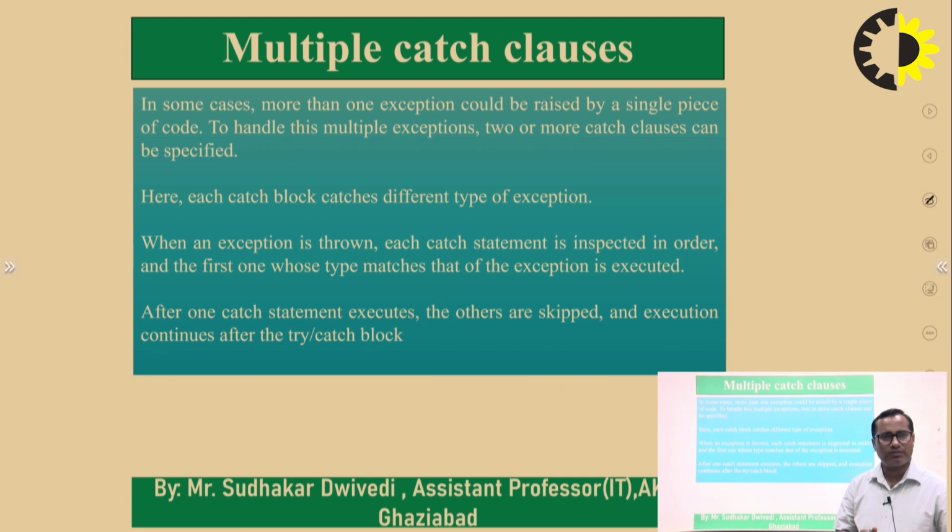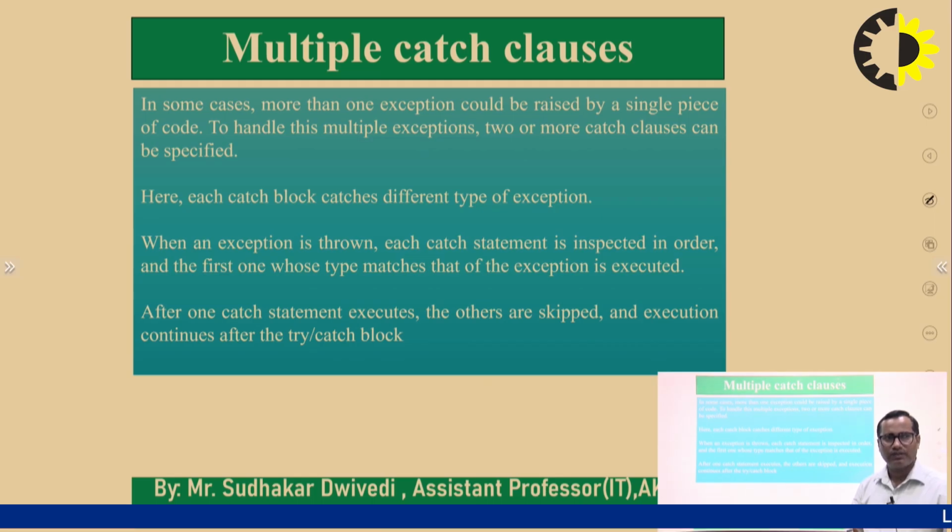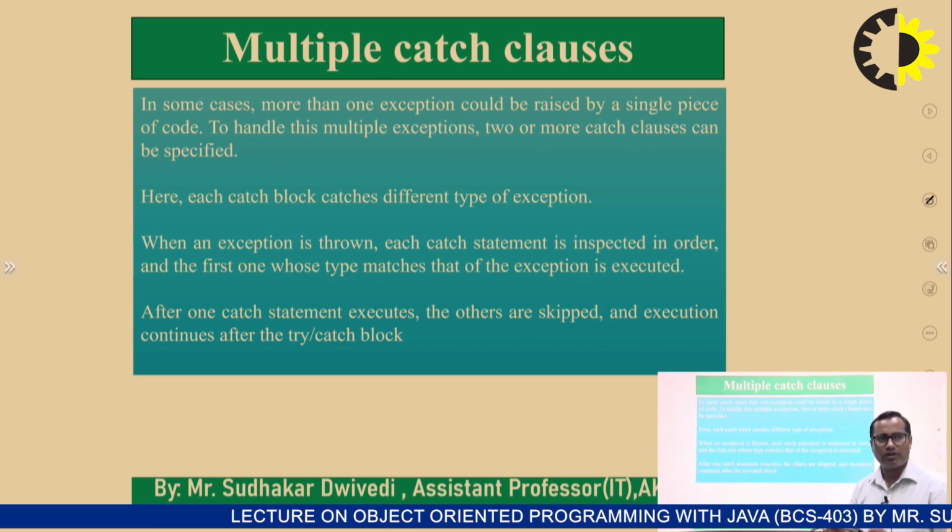If we need to handle another type of exception, we need to incorporate another catch block. So when an exception is thrown, each catch statement is inspected in order, and the first one whose type matches that type of exception is executed.